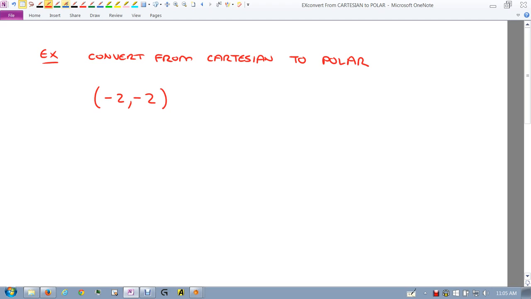So we're given in this problem x and y, right? We're trying to get it over to r and theta. So r, by definition, the connection between r and x and y is that r squared must be x squared plus y squared.